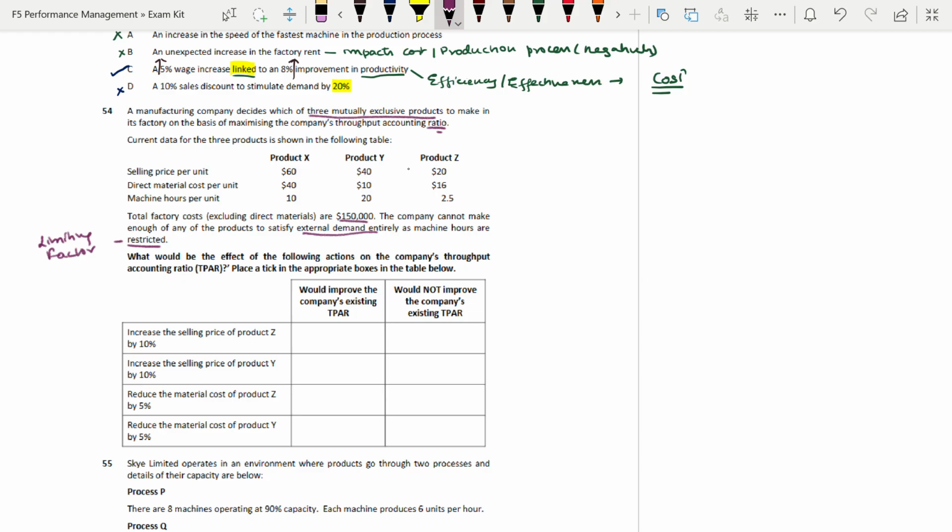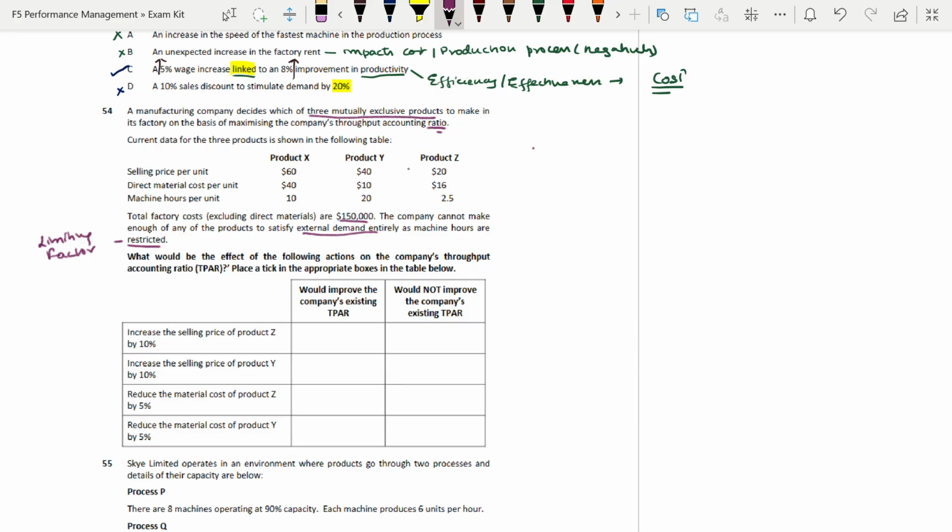What they say is increase the selling price of product Z. By how much? By 10%.